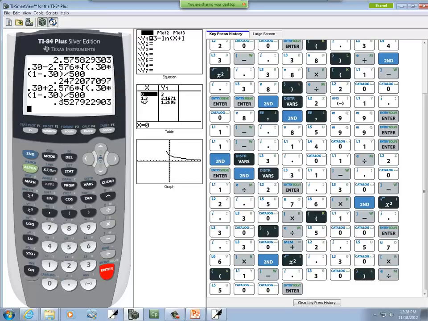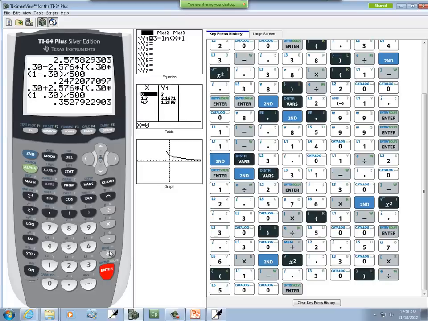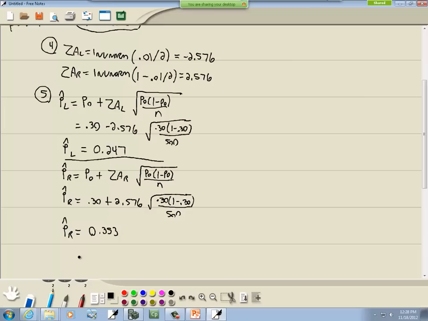And let me double check that. Okay, the 3 decimal places would be 0.353.